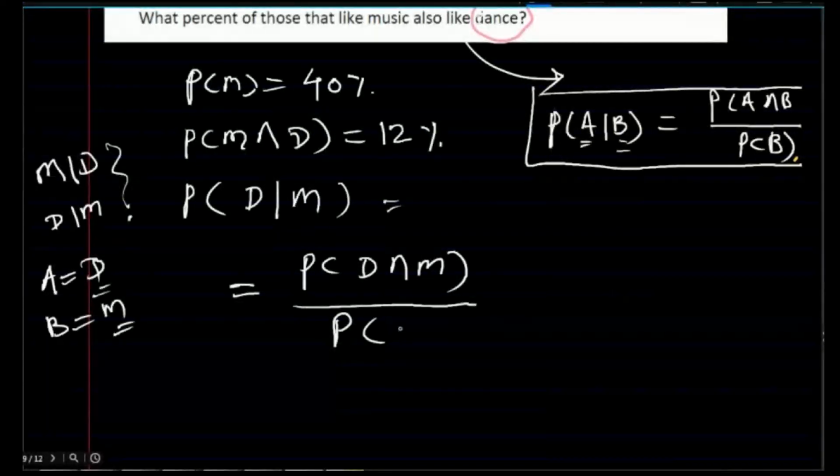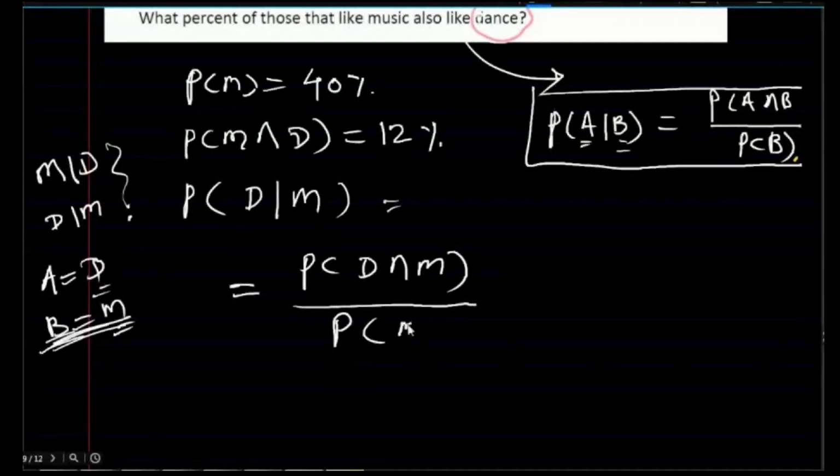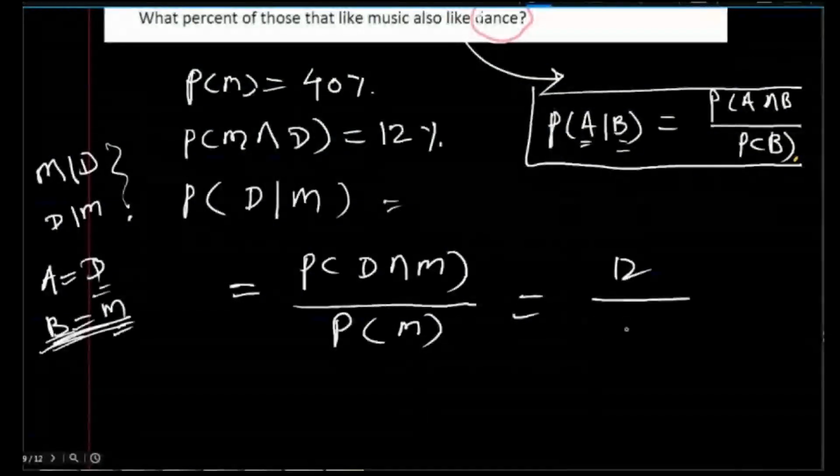What will be the denominator here? We are replacing B with M. So this will be the probability of M. Okay, now the values we know, it is 12 and music, it is 40%. Is it correct?